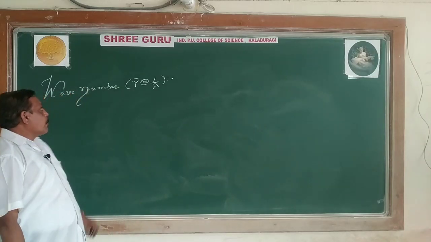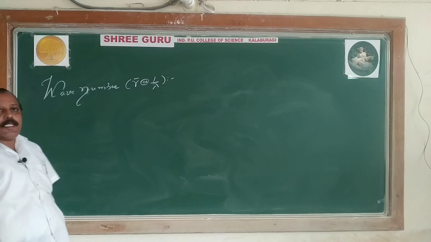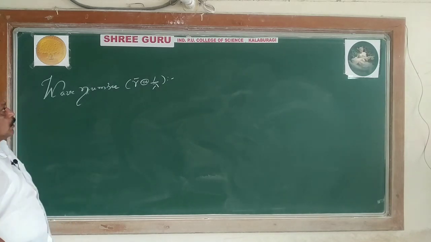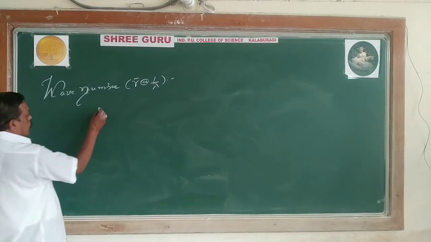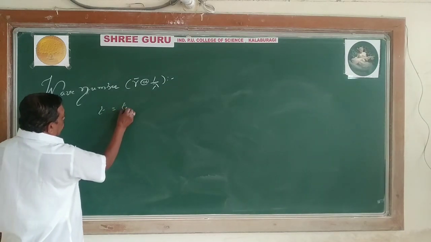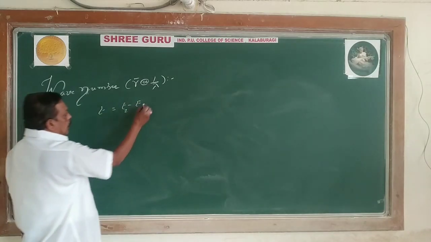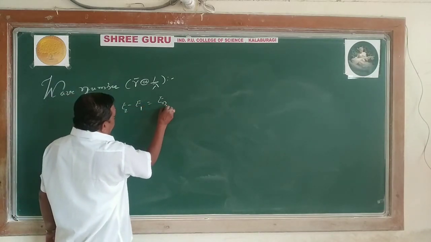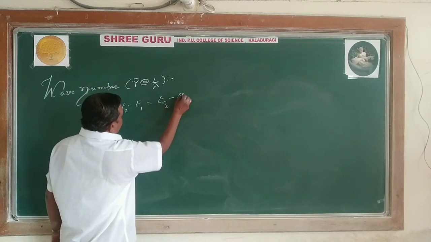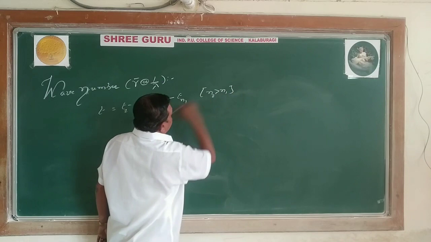So when the electron jumps from any higher orbit to the lower orbit, then only the energy is emitted. According to Bohr's postulate, energy emitted E equals to, when the electron jumps from any higher orbit to the lower orbit, I can write the energy emitted from higher orbit to the lower orbit where n2 is greater than n1.